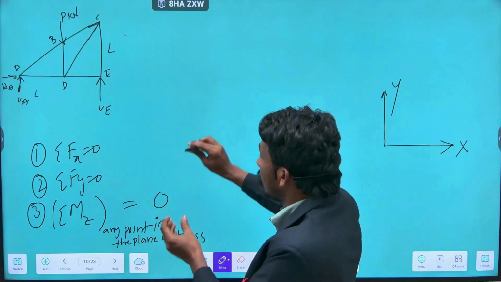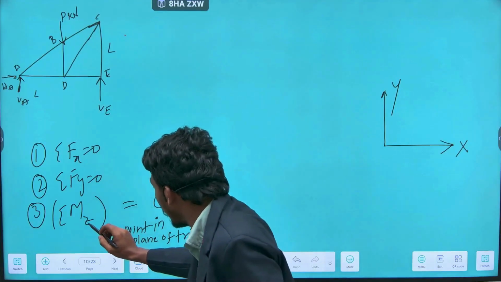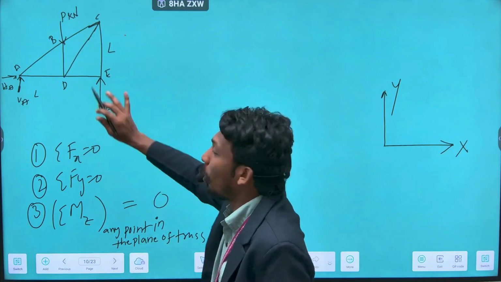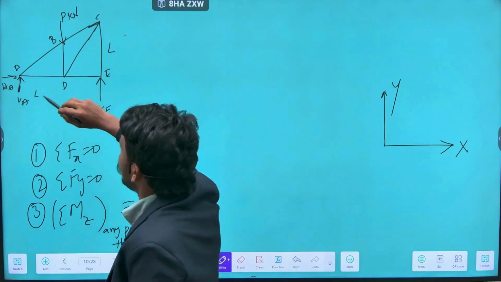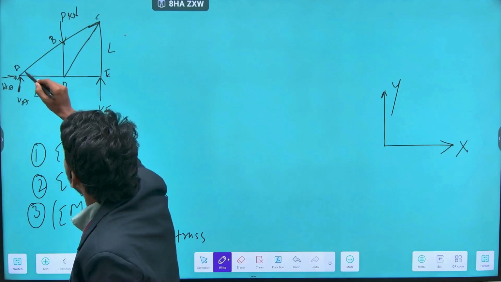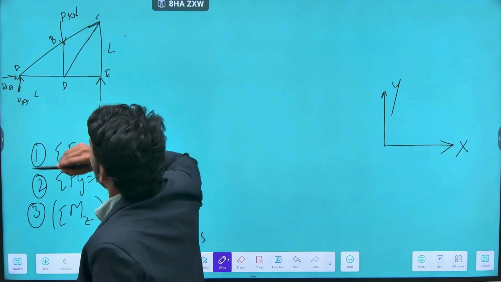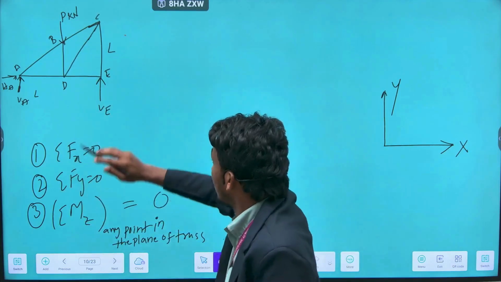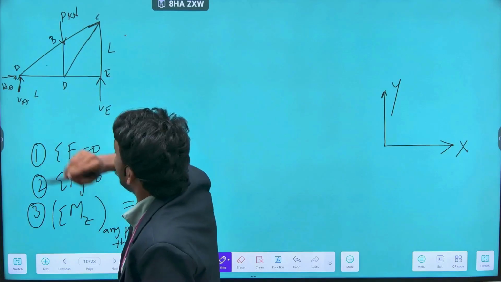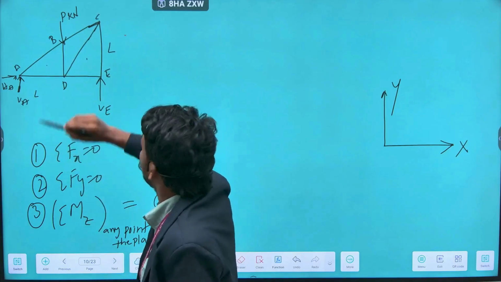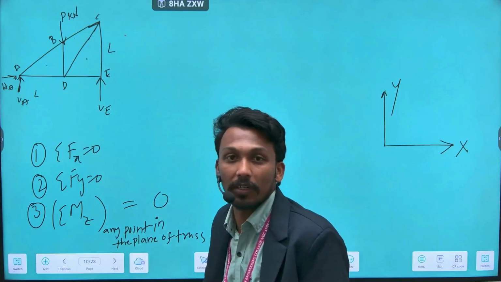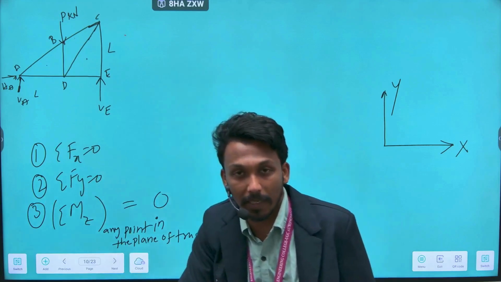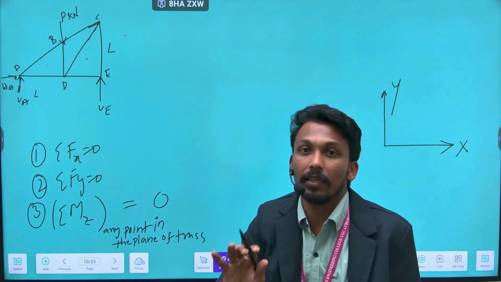That is the z direction. That is why we take summation of moments about the z direction at any point in this plane. We should not stick to the moment at this point being 0 or at that point being 0. We can take the summation of moments at any point in this plane, and it is 0.